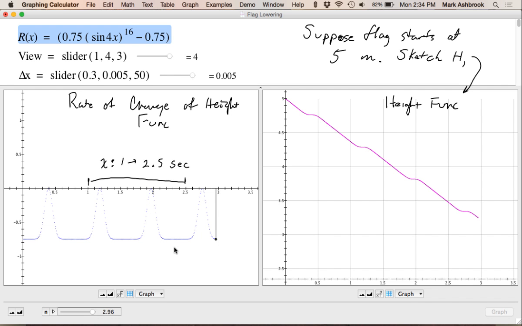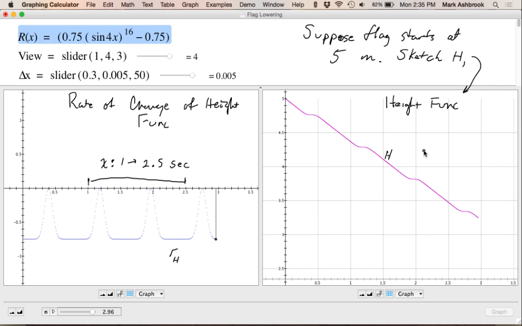This is what we'll call r sub h. This is the name of that function. And then this one will be h. So the rate function r sub h and the height function h.